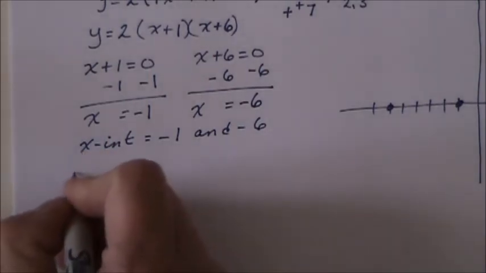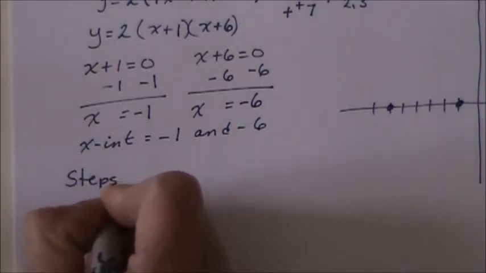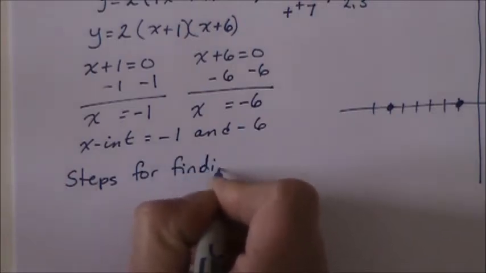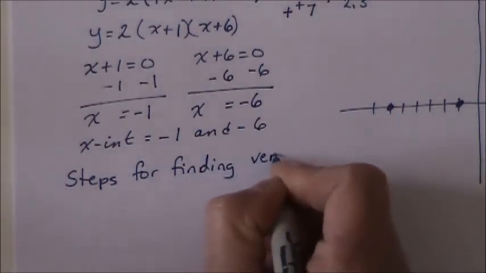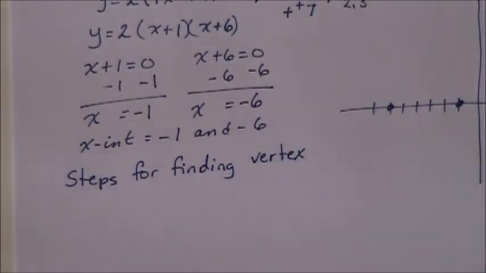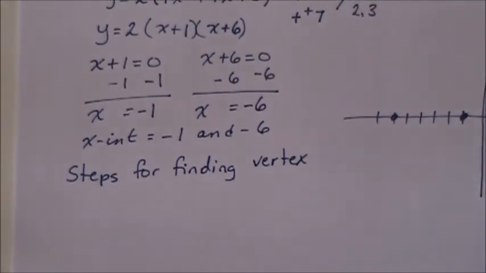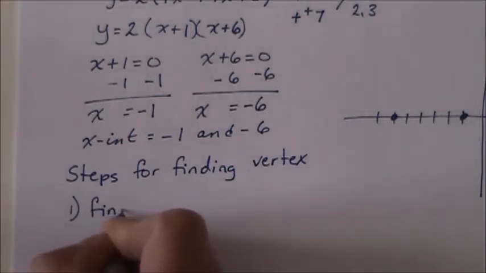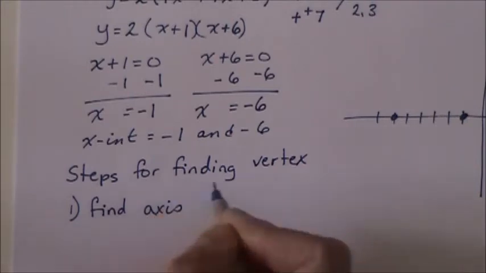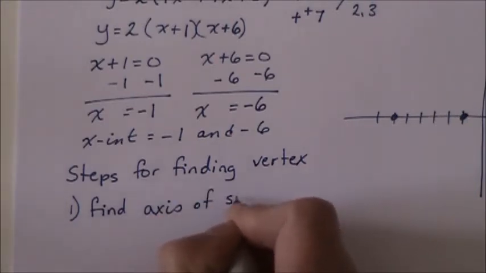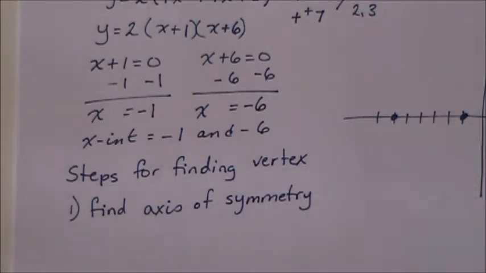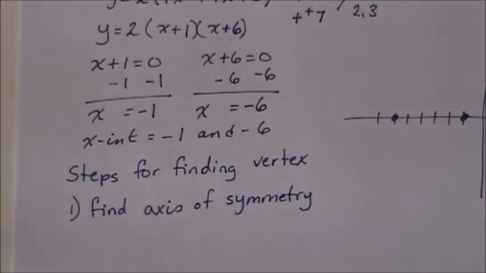So, steps for finding the vertex. Step 1: we're going to find the axis of symmetry, which is halfway between two x values with the same y value.